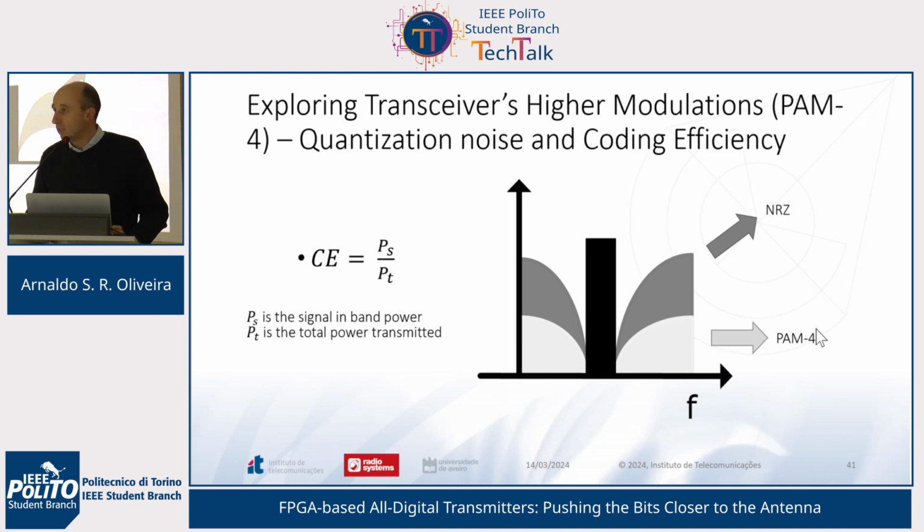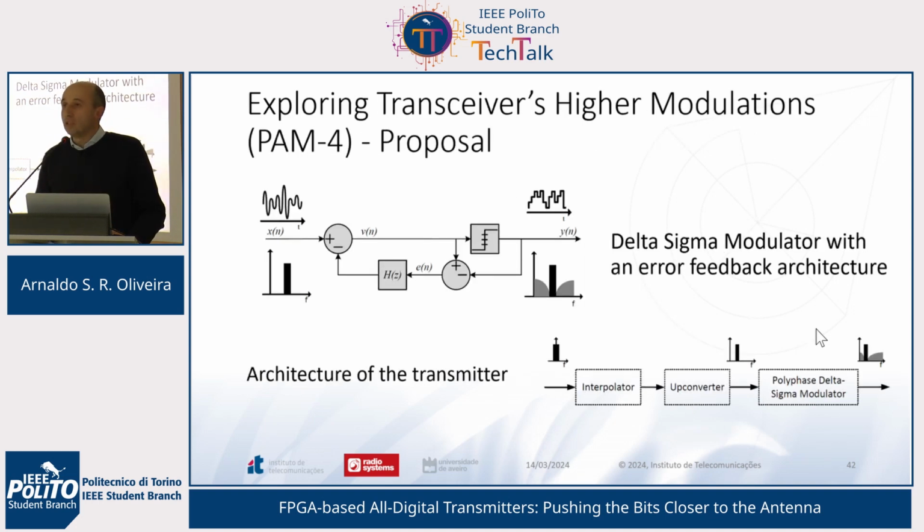As a result, the coding efficiency will be higher. Of course, we will not have a 2-level signal anymore, but the coding efficiency will be improved. The good news is that we don't need to change almost anything in our approach. Delta sigma will be nearly the same. We are just changing the number of output levels.